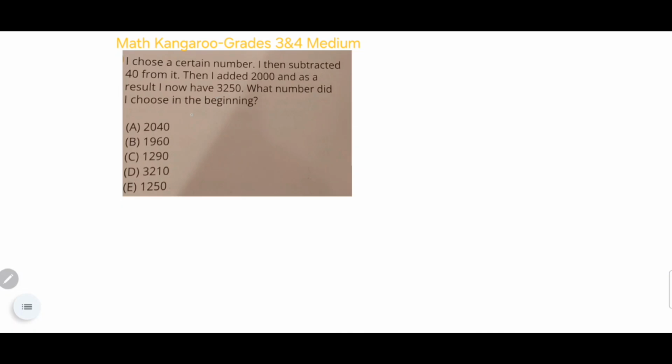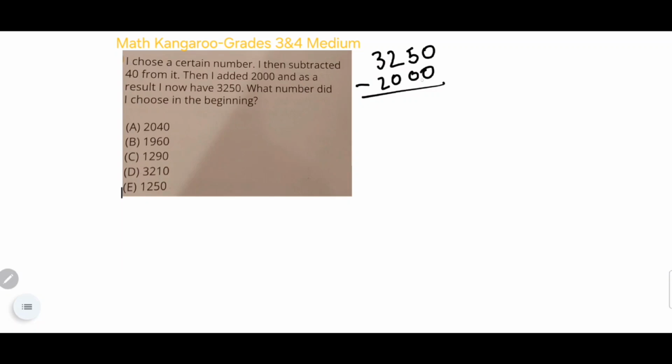Since the most latest step before getting this result is adding 2,000, we can reverse it and make it minus 2,000. So 3,250 minus 2,000. And if we do that, you'll see that we'll get the answer that I got after I subtracted 40 from it.